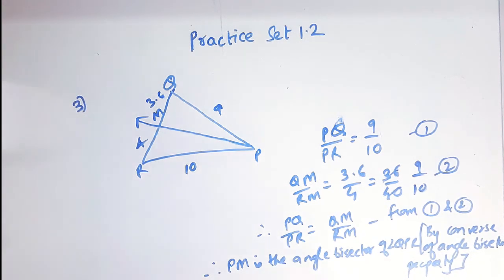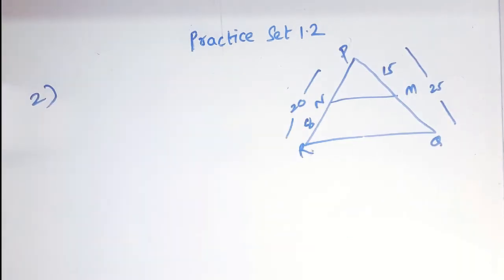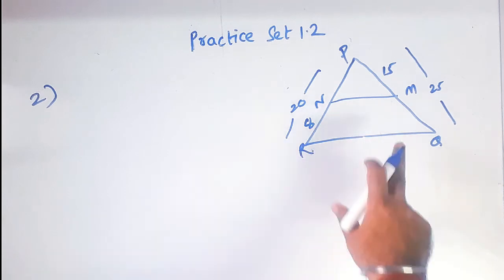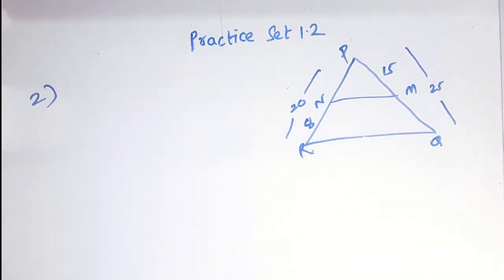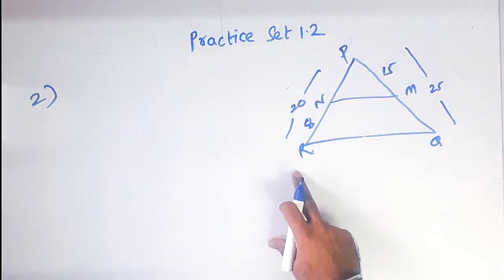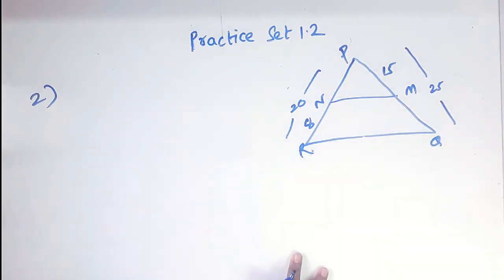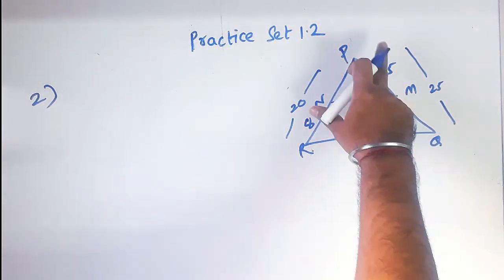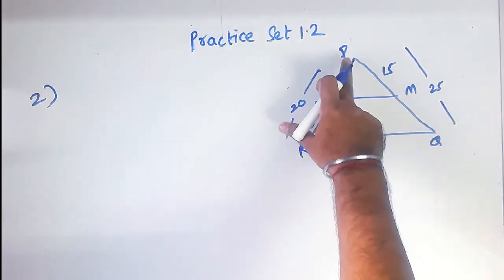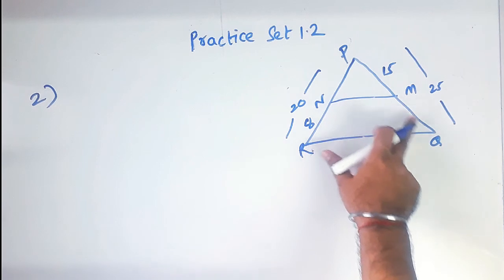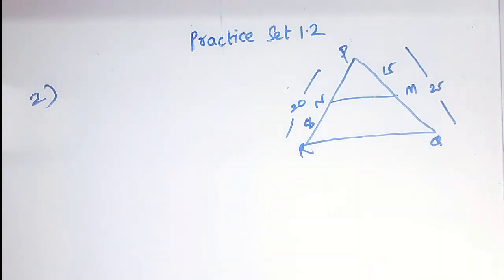Okay, then, as you can see, question number 2, the measures of the sides are given, PR is given, NR is given, so we can find PN. Okay, and also PQ is given, this is 25, PM is given 15, and we have to find QM.